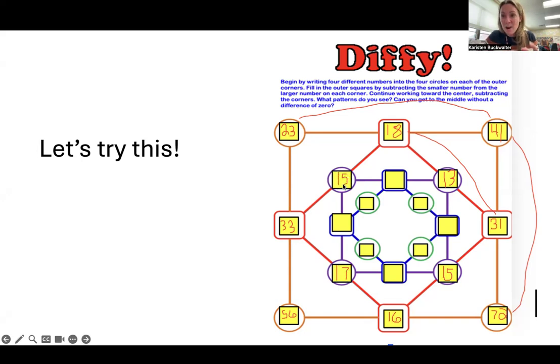Okay, now we're going to do the same thing. So I just went in between all the red points, and now I made them onto the corners of that purple square. So now I have to find the difference between 15 and 13. 15 minus 13 is 2. 17 minus 15 is 2.